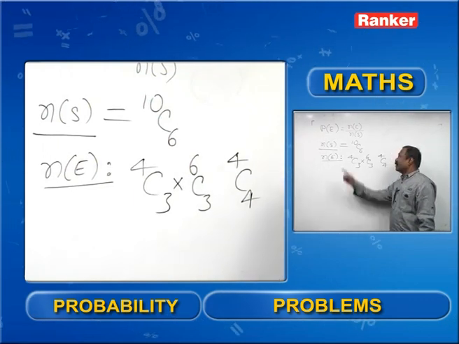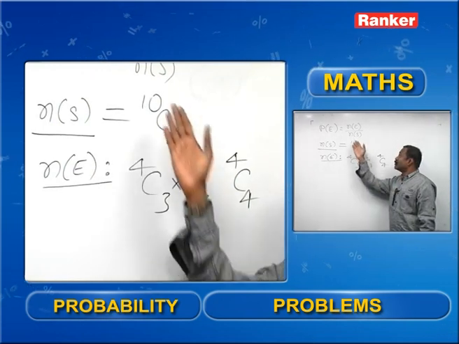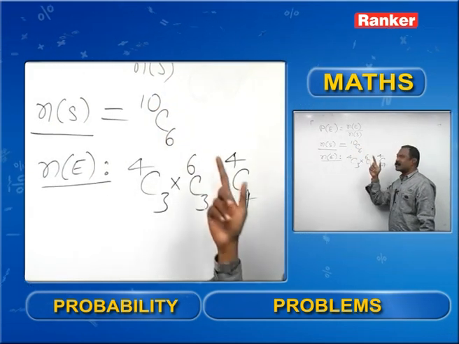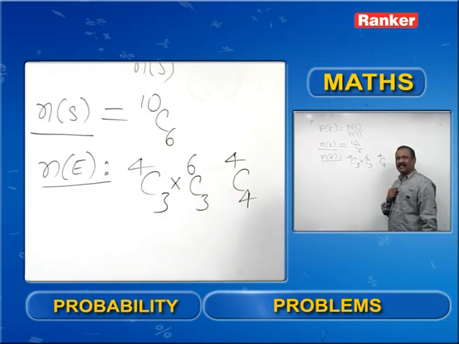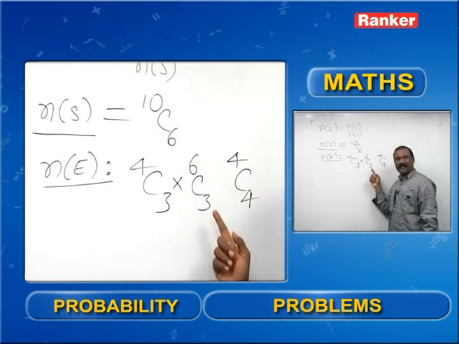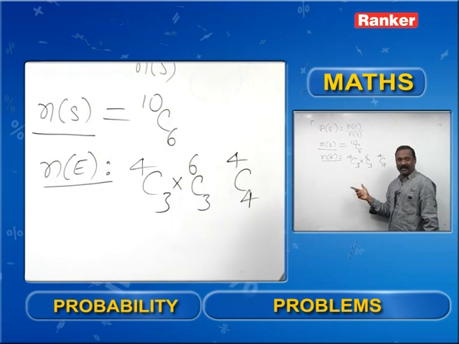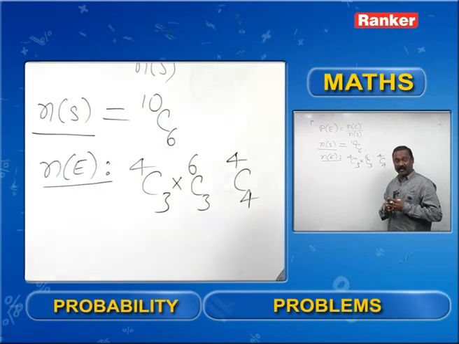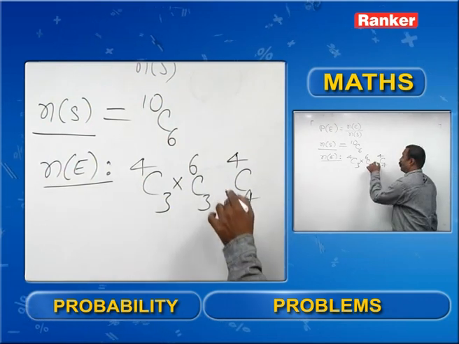Understand this carefully. It is 10C6. You can see the total number of outcomes. Now, how is this 10 split? 4 plus 6. Why? 4 defective, 6 non-defective. 3 chosen from defective, 3 chosen from non-defective. This is one way of selection to get the consignment rejected.